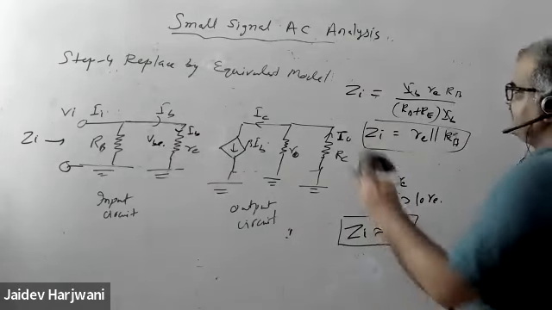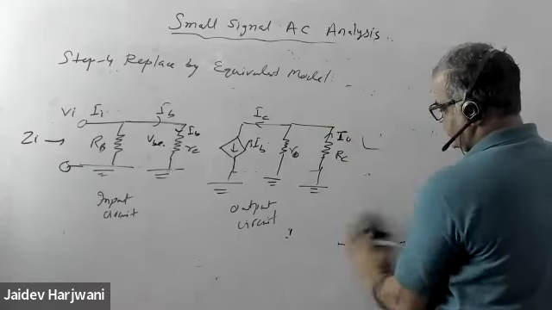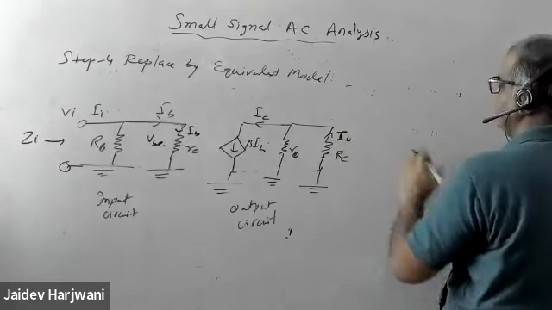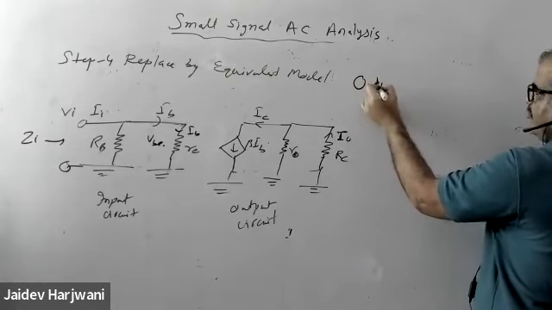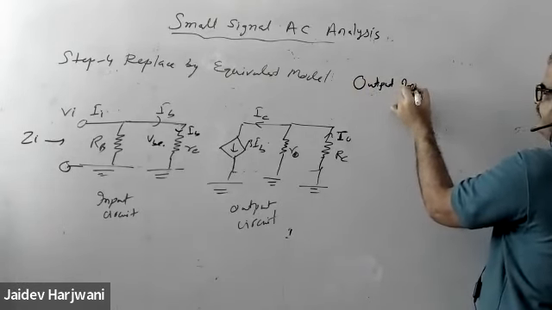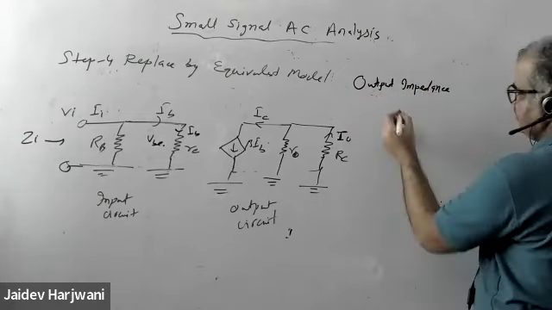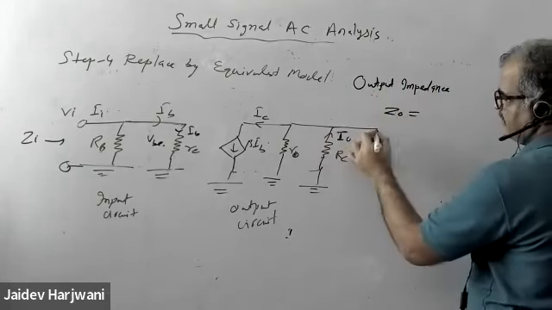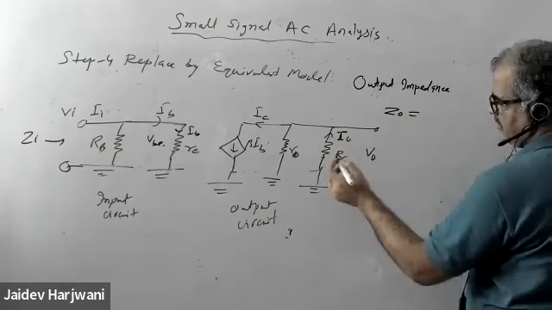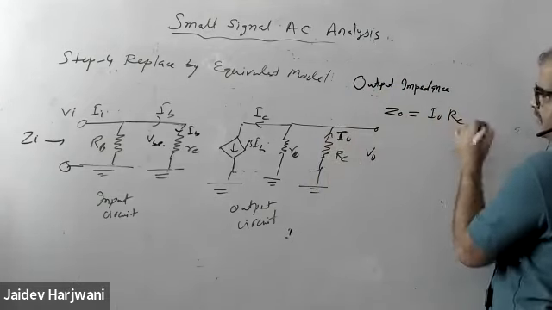Now the next thing is you want to calculate your Z naught, the output impedance. Output impedance is nothing, that is your Z naught. So this is my V naught. And your V naught is simply I naught RC.